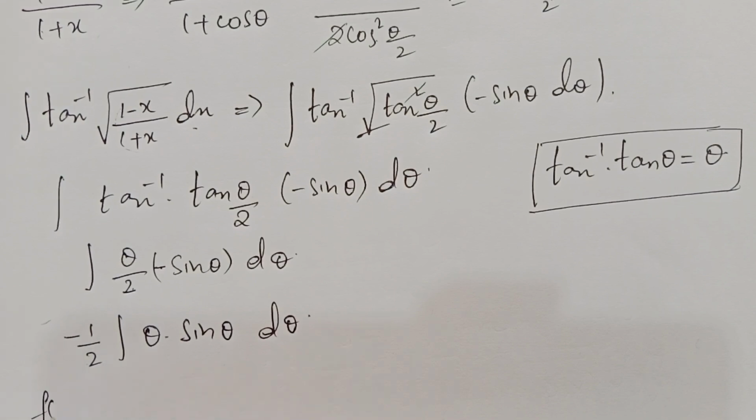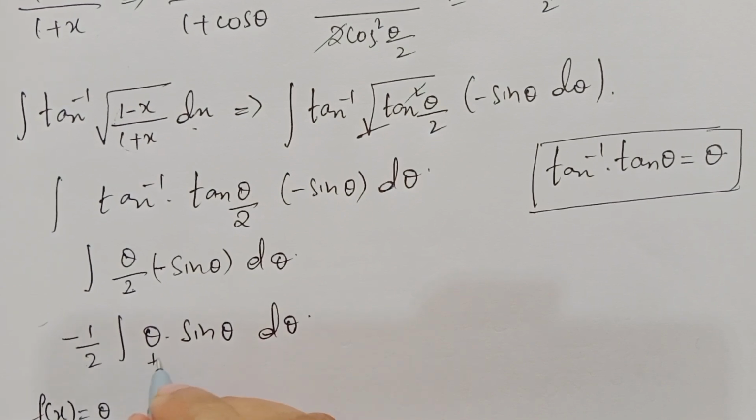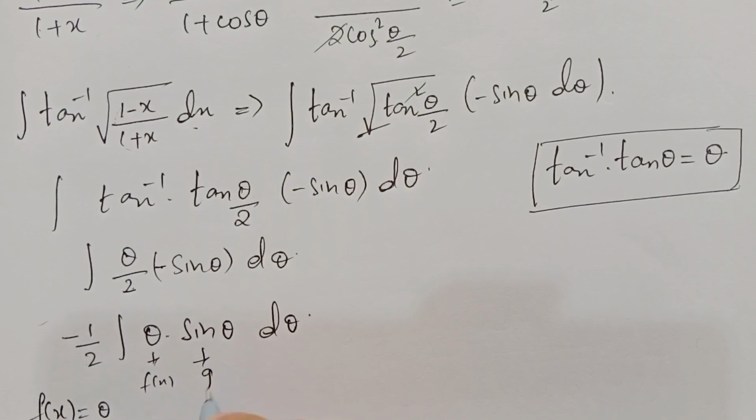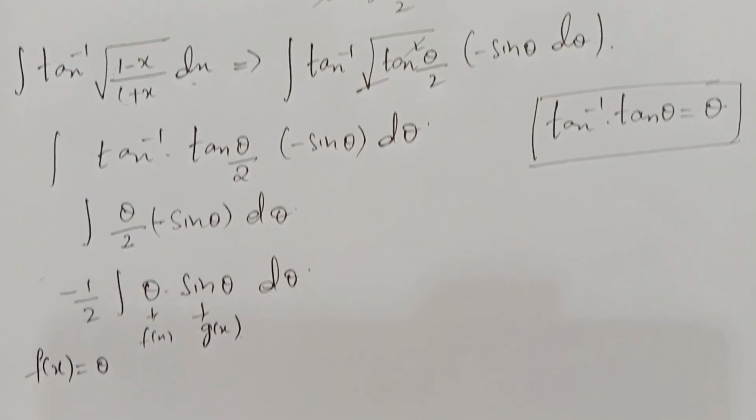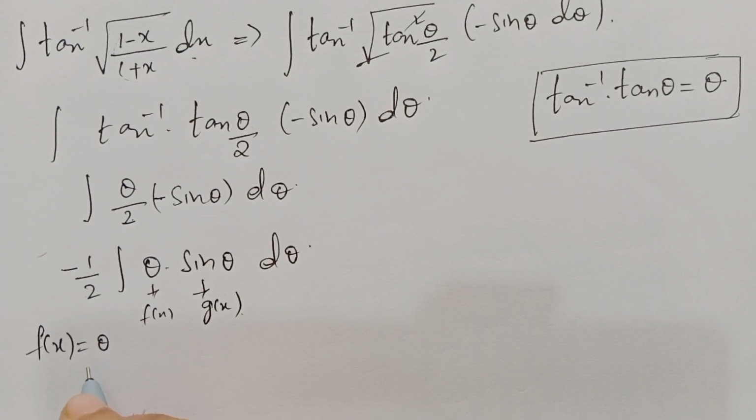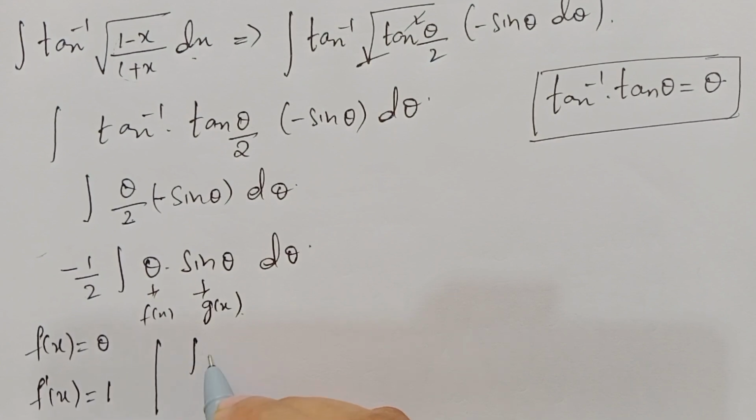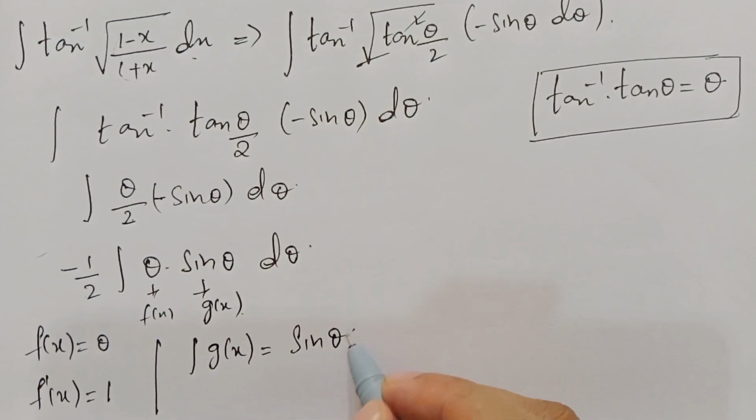So our f of x is theta here. This is f of x and this term is g of x. Okay, so here f dash of x will become f dash of theta, in place of x, so it is 1, and integral g of x value is here sine theta.